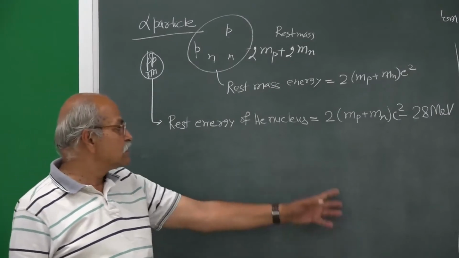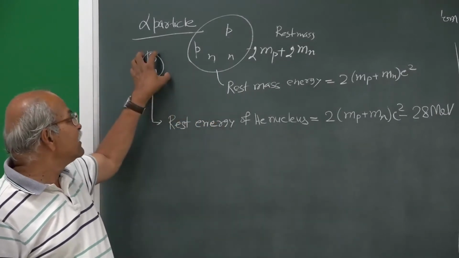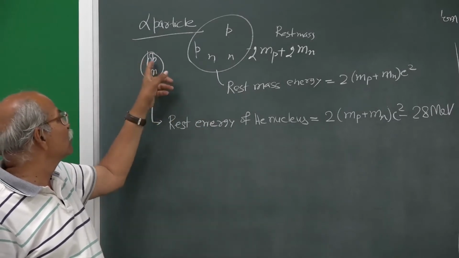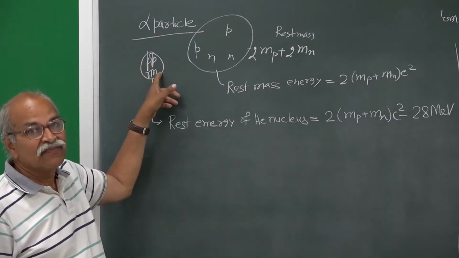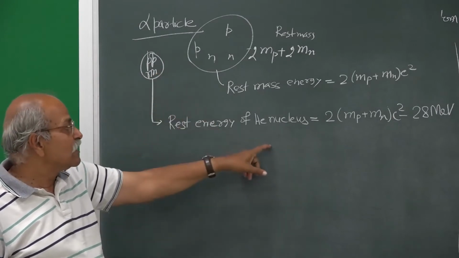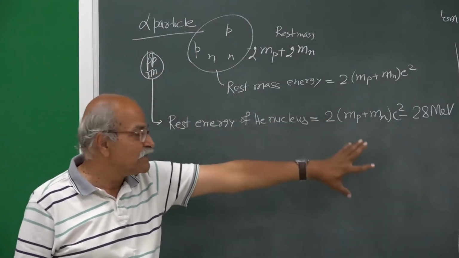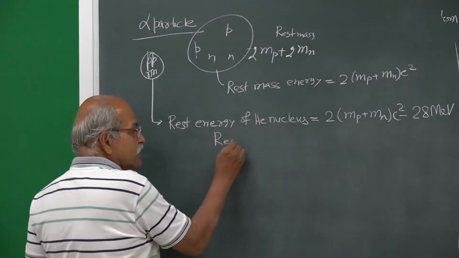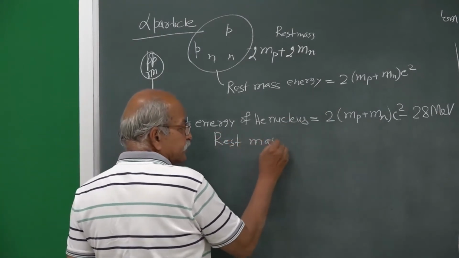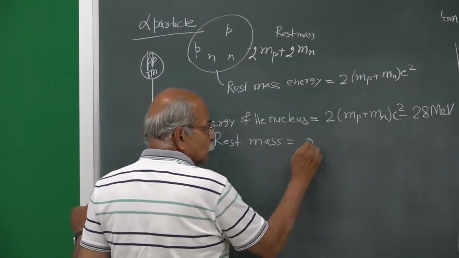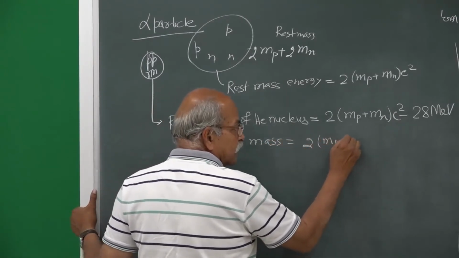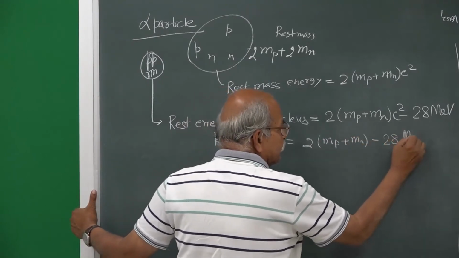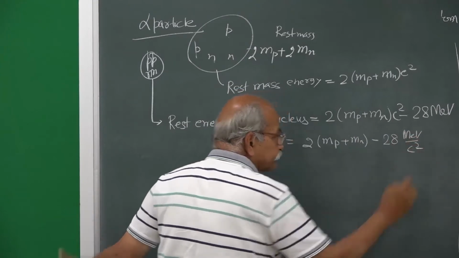So, this rest mass energy is less than the sum of the rest mass energies of proton, proton, neutron, neutron. Correspondingly, the rest mass is just this divided by c², so the rest mass of the helium nucleus is (2mp + 2mn) minus 28 MeV/c².